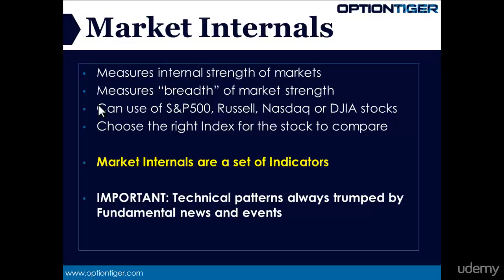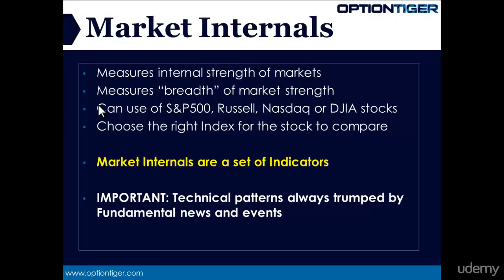Similarly, of all the advancing issues, what is the volume? And of all the declining issues, what is the volume? So this gives you a very good indication of what the strength or what the breadth of the market is. How widespread is it across the index? Because the more widespread it is, the stronger that trend is likely to be.